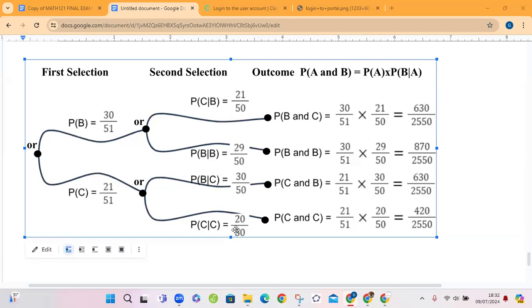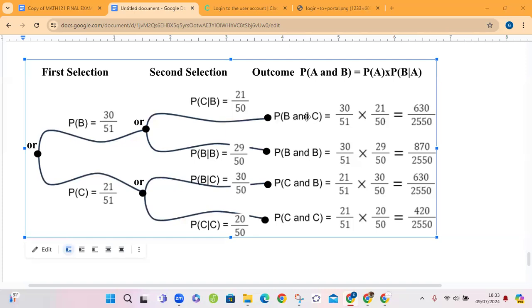So as you can see, the conditions are represented. Now the outcome, you have to use the word and. So after the two selections, she could have selected a berry in the first selection and a cherry in the second selection. That is possible.